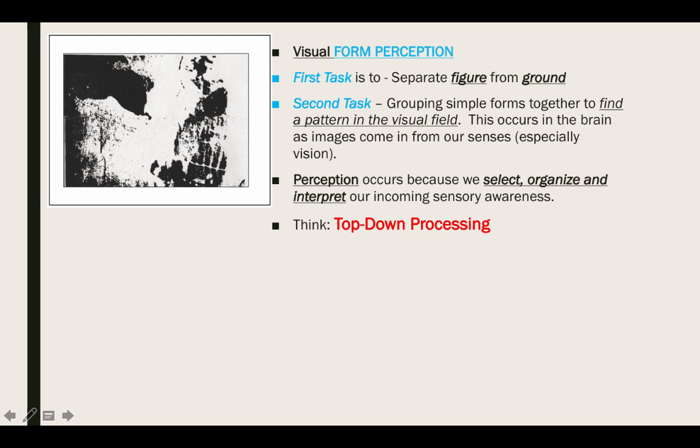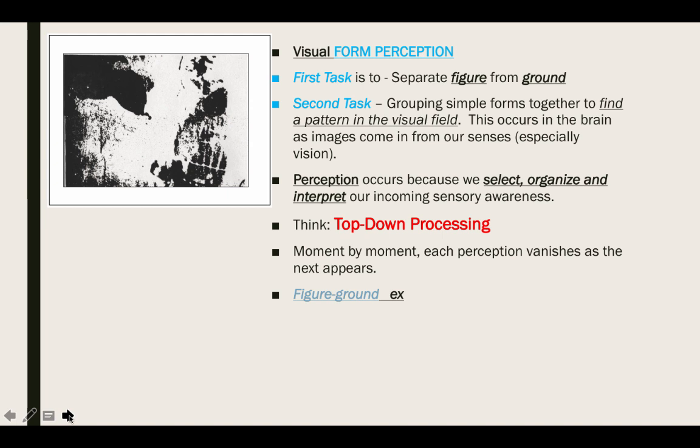And when we can't do that, it's confusing. So if you can't do that in this image here, you may be having some perceptual problems because you can't pull out a figure and compare it to something you already know. So think about top-down processing here, and this occurs moment by moment. Many times each moment we are processing our perception.